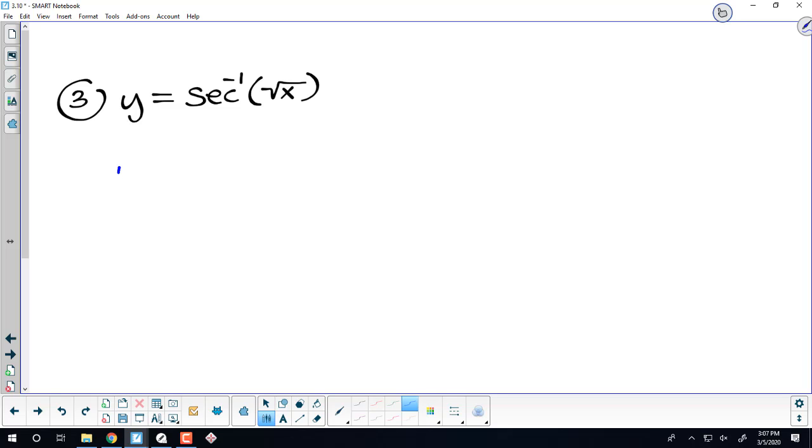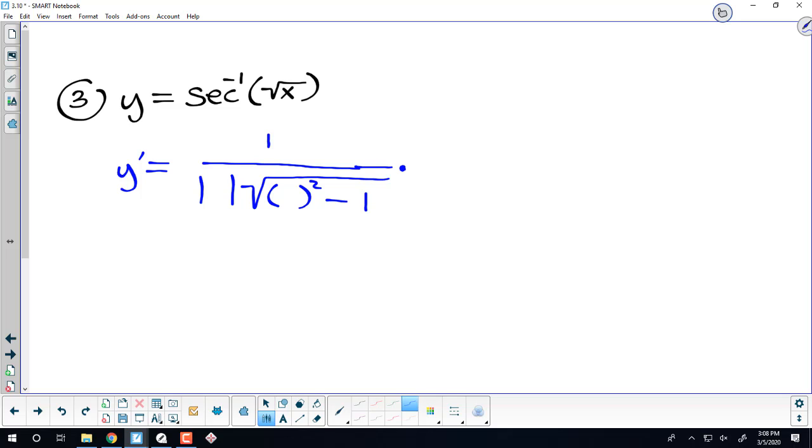So we take the derivative. What's the derivative of the inverse secant? One over the absolute value of that thing times the square root of that thing squared minus 1, times the derivative of that thing.